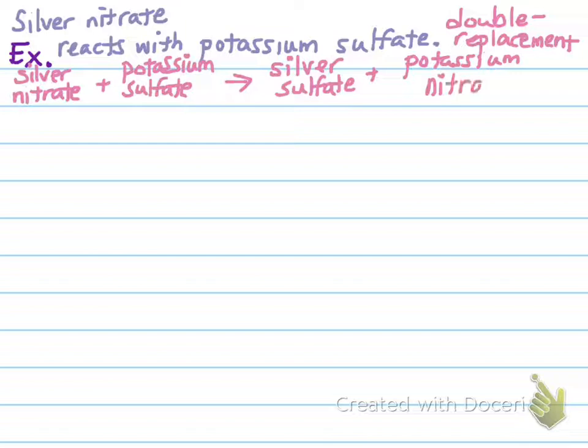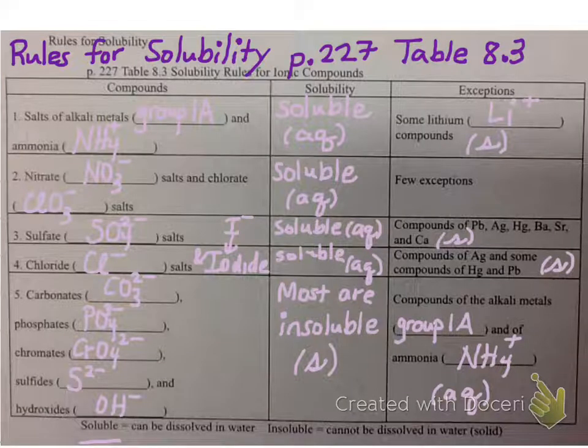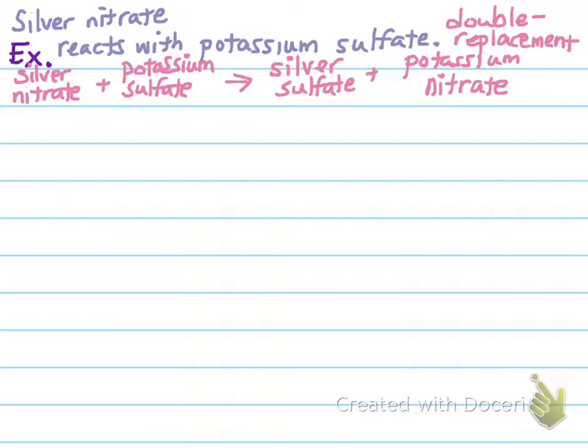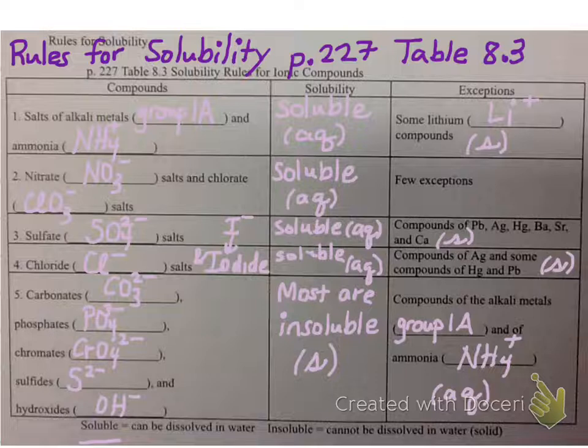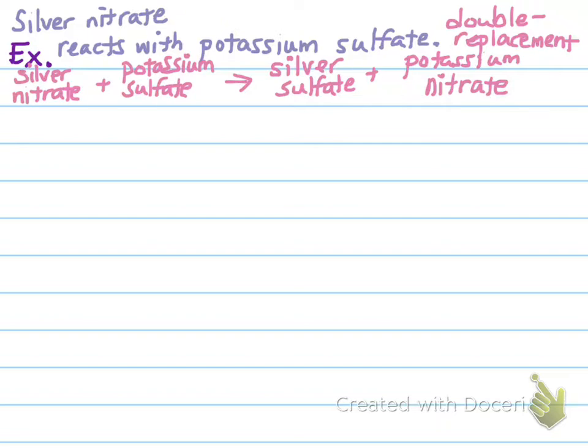Now, this is a good time for us to go and take a look at our states of matter. So, we go back to this chart, and for the first one, we're looking for nitrates. So, that's rule number 2. Nitrates are soluble with few exceptions. So, that means silver nitrate's going to be aqueous.